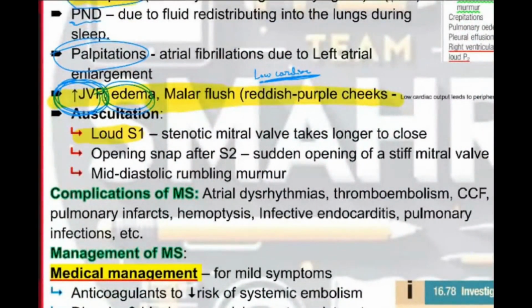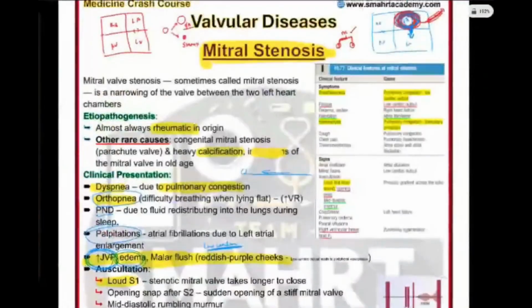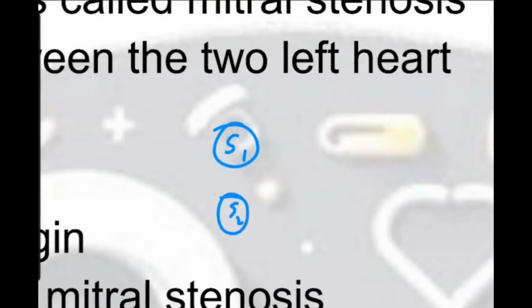Loud S1. Why loud S1? Why does S1 occur? During atrial systole, blood from the atria is pushed into the ventricles, right?